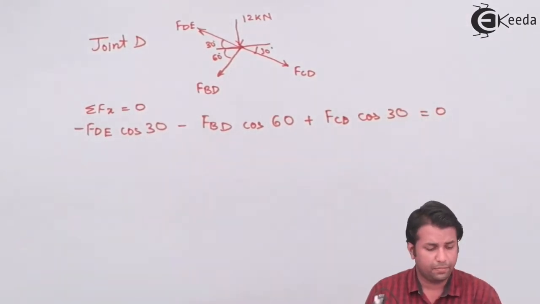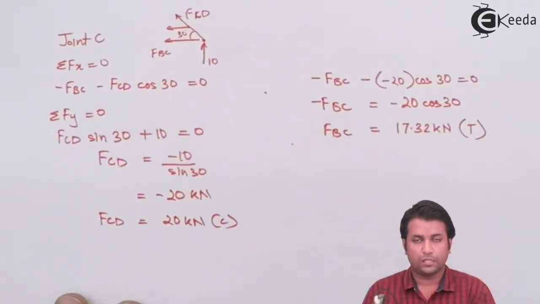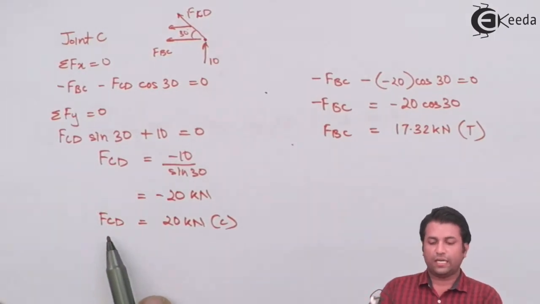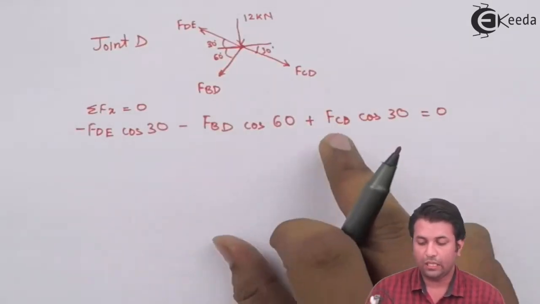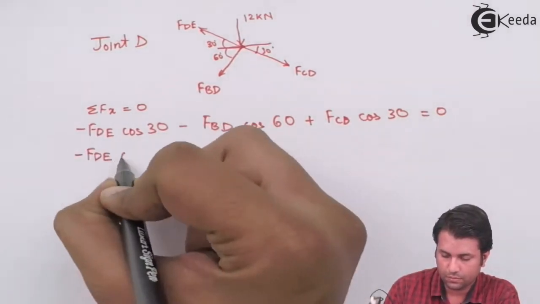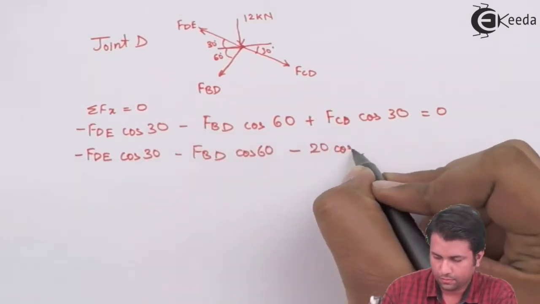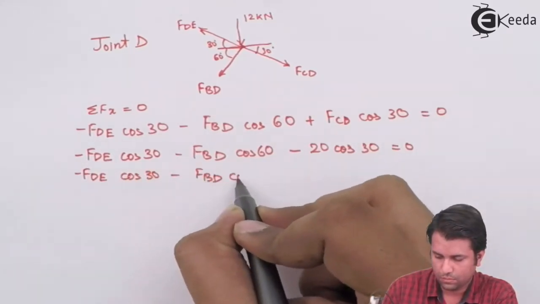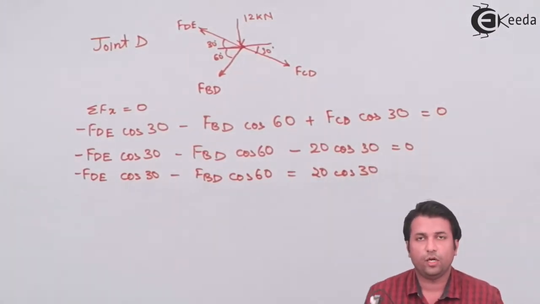I know the force in the member CD, and that happens to be 20 kilonewtons. Since I'm getting the force as 20 kilonewtons, which is negative, I need to put a negative sign here. So I have prepared the equation in the horizontal direction.